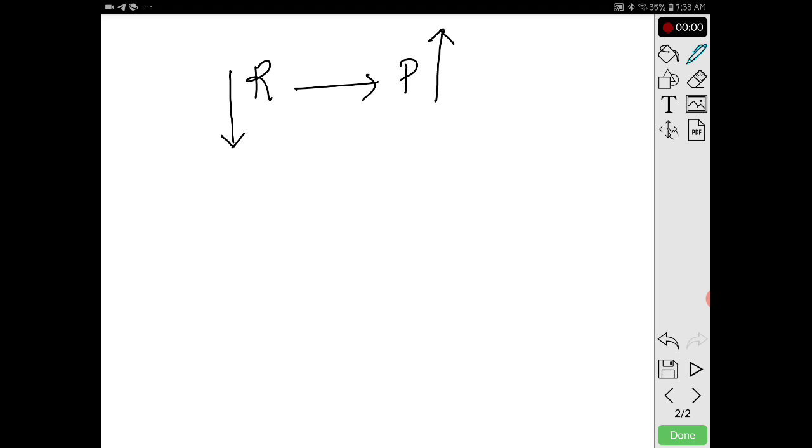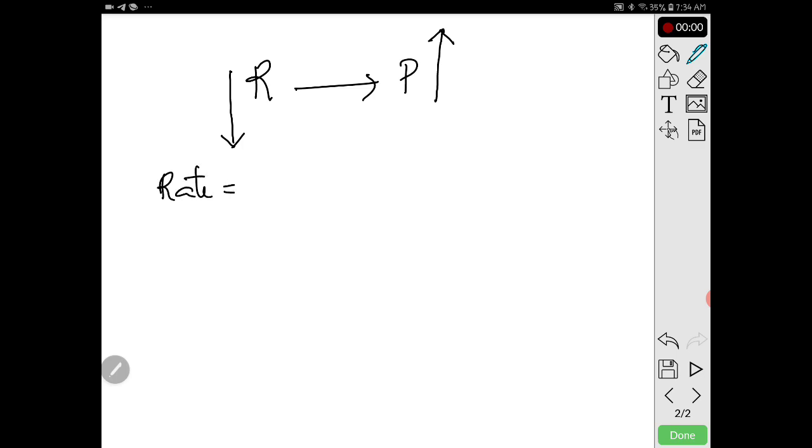If you want to monitor the rate of the reaction, you have two options. Either monitor the decrease in molar concentration of the reactants or the increase in molar concentration of the product.